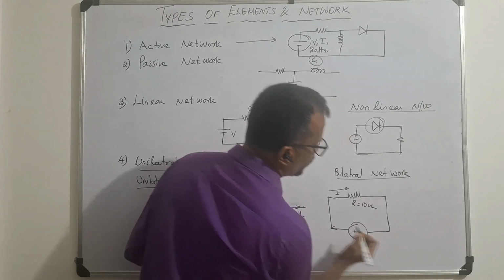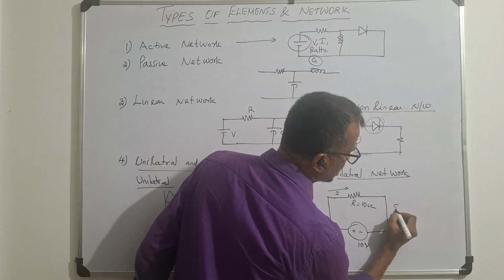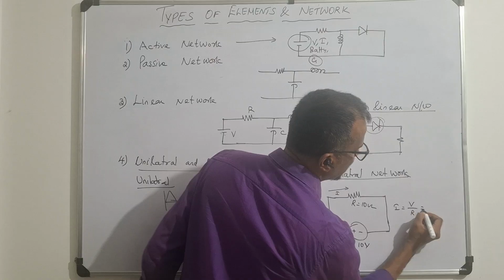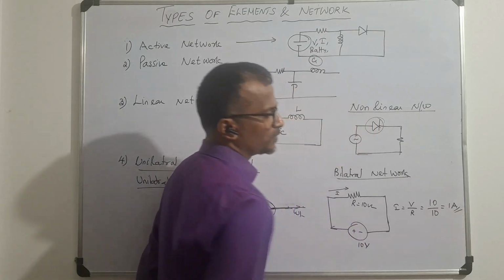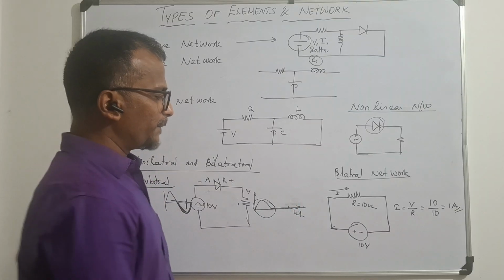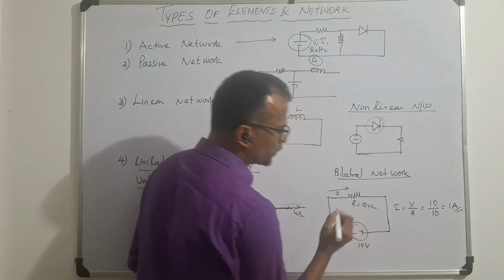The current flowing through this is I equals V by R, that is 10 divided by 10, which is 1 amp.